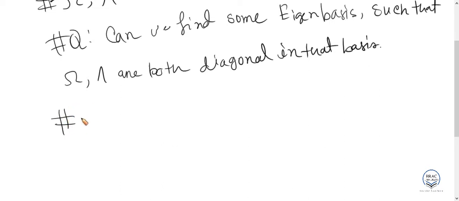For starters, we are going to assume that this is part 1 of our answer, and then we'll see another part, and these two parts will complement each other.